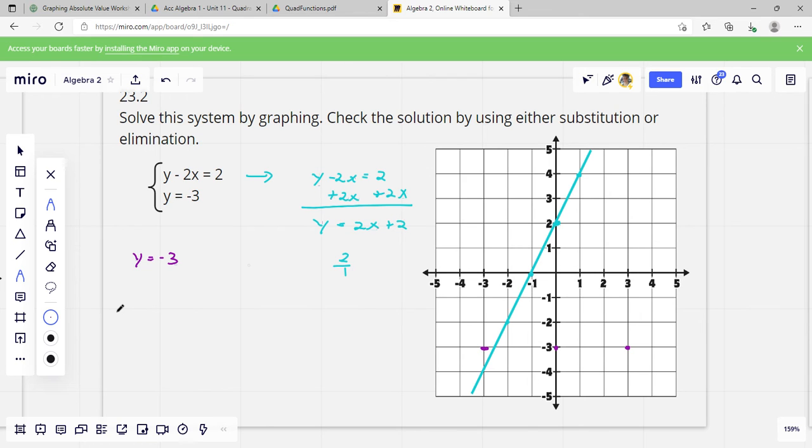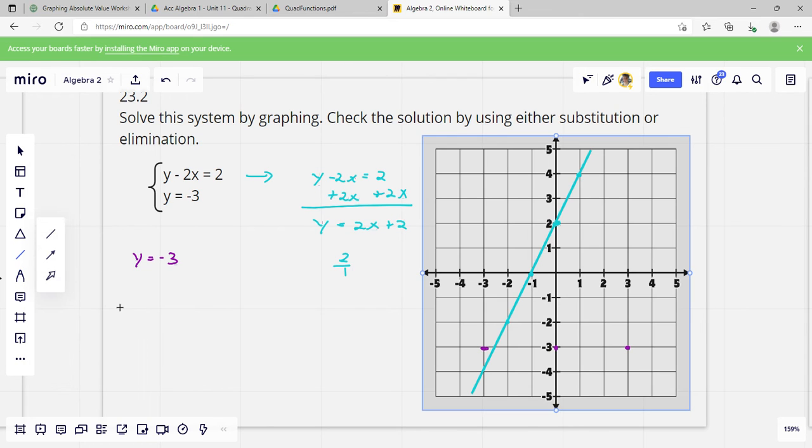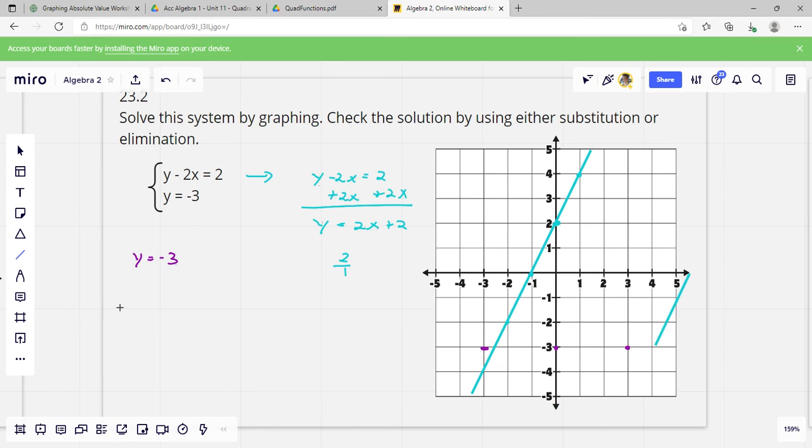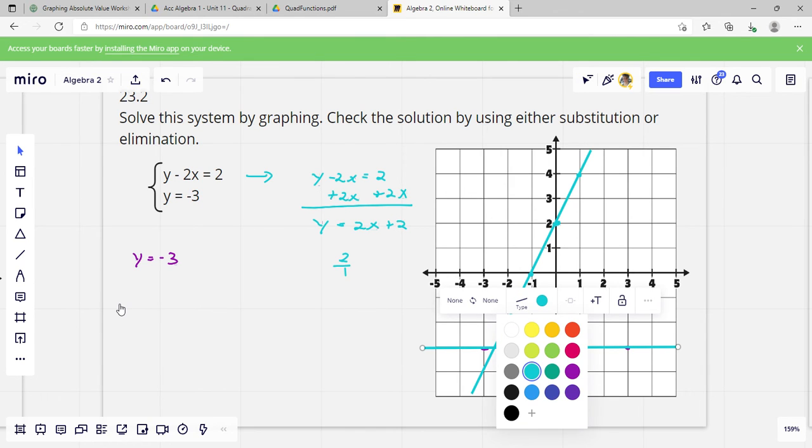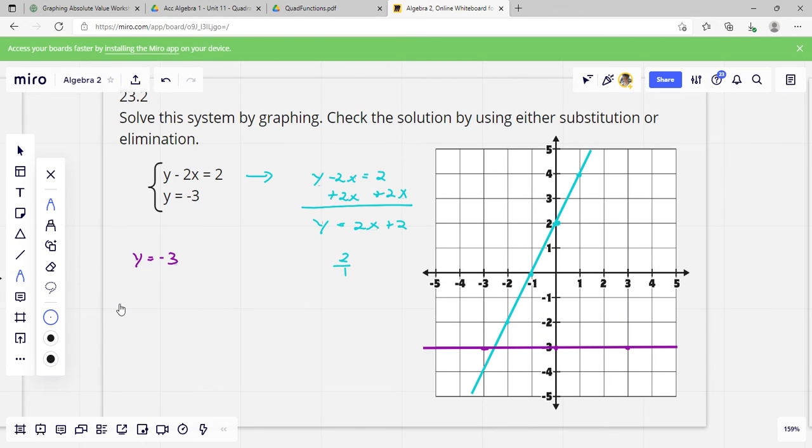Okay? So I'll make my line on that one. Make that be purple. There we go. Alright, now we can see where those two lines cross.